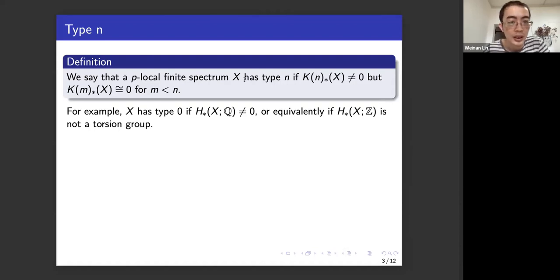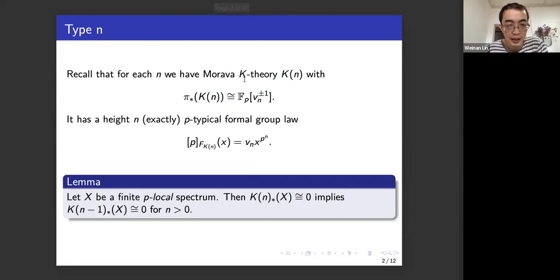Sorry, I think I may need to tell you what p-local is. I don't think someone has covered it. So basically, it's a localization on spectra, like in algebra we have p-local rings. You do localization at prime ideals, but on spectra or spaces you can do a similar construction.